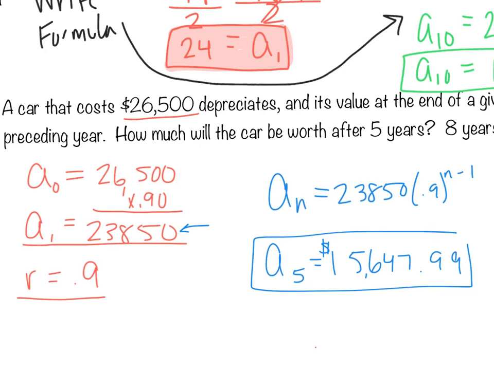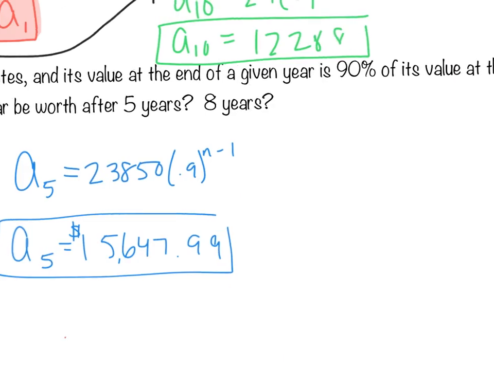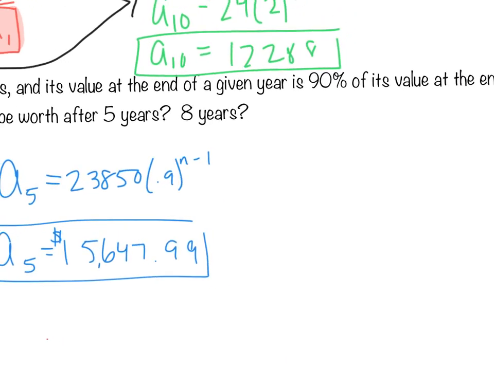Okay, a sub 5. And then if we wanted a sub 8, we could do a sub 8 too. A sub 8 equals 2,850 times 0.9 to the 8 minus 1.